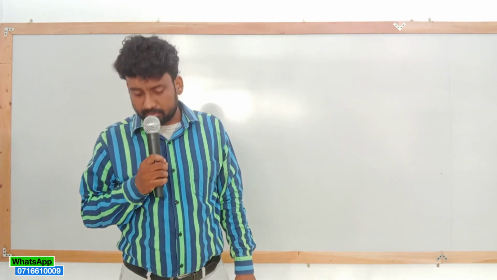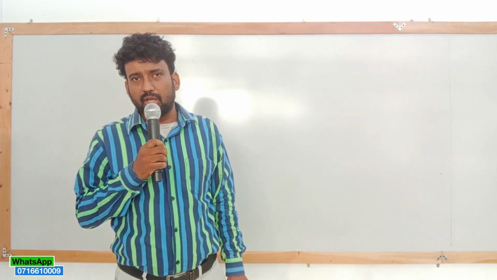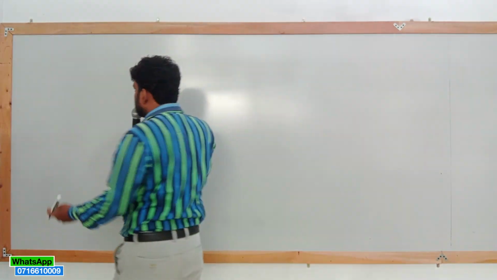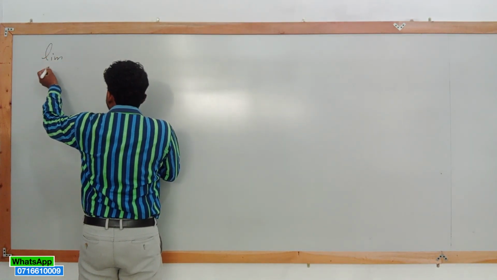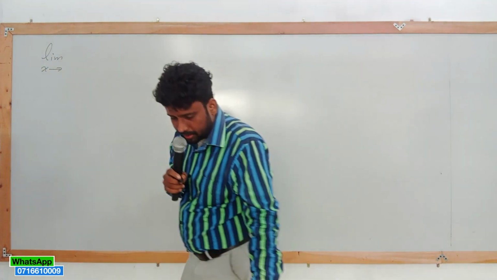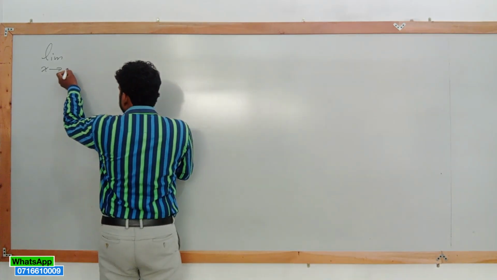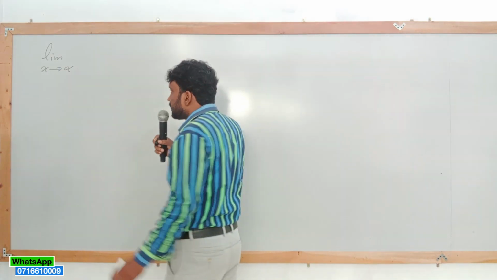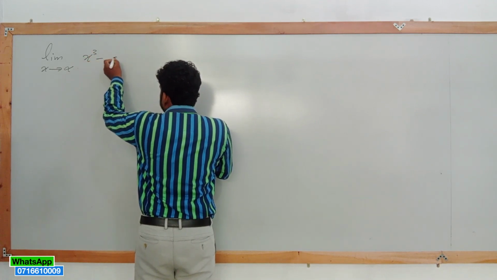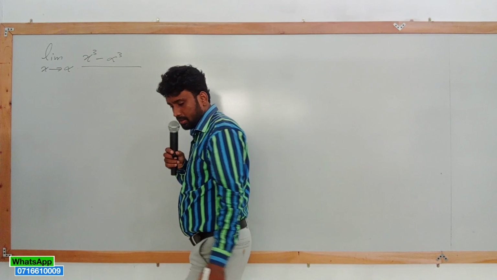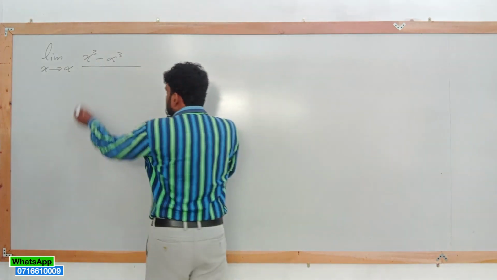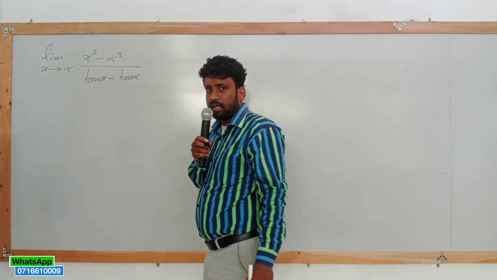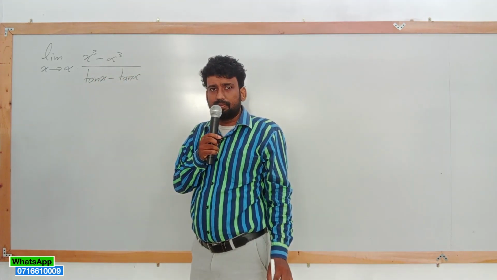Let alpha be between 0 and pi by 2. Show that the limit as x goes to alpha of (x power of 3 minus alpha power of 3) divided by (tan x minus tan alpha), right?